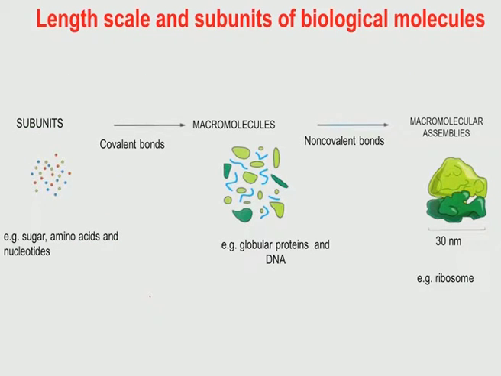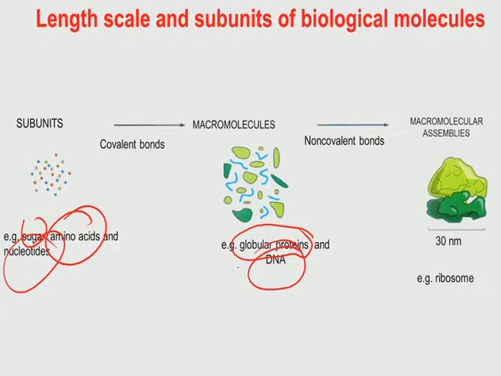Now, these are different biological molecules. You have sugar molecules, amino acids, and nucleotides. Then some of the proteins have different shapes and morphology, like globular proteins, and you have the very characteristic double helix structure of deoxyribonucleic acid. You also have a macromolecular structure like the ribosome.